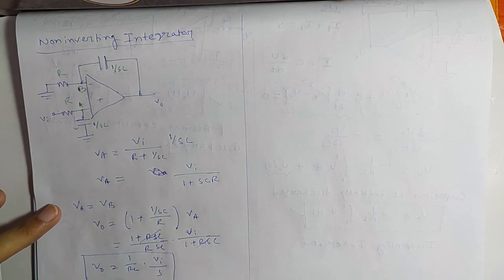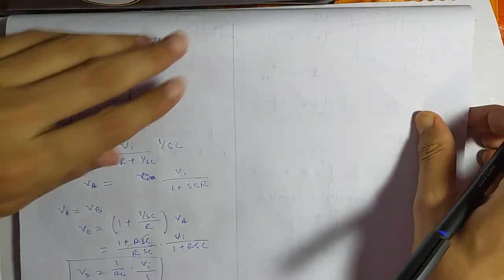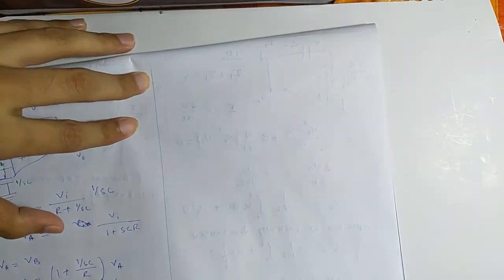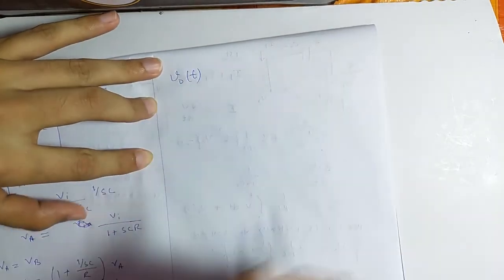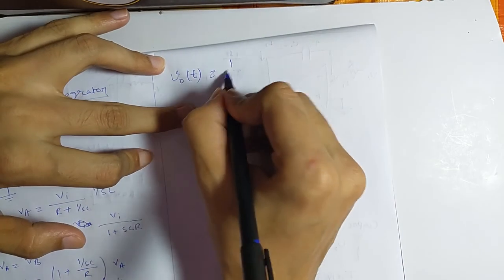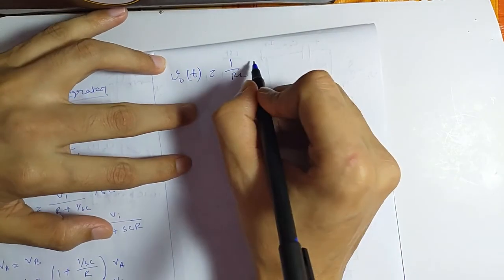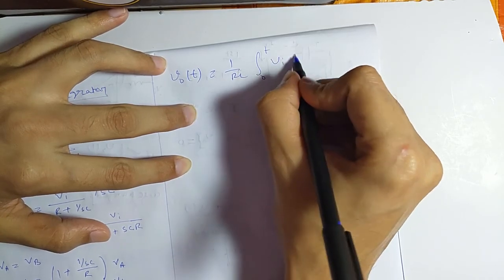So you know division by S is equivalently integration in the time domain, or you can write VO(t). So we are taking the inverse Laplace transform. VO(t) equals 1 by RC integral from 0 to t of VI dt.